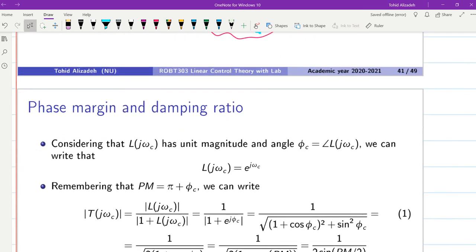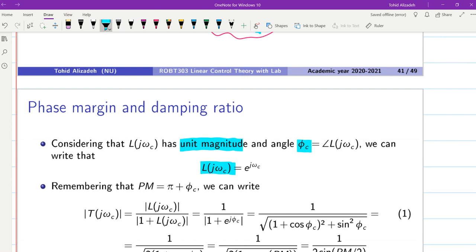Alright. Now, considering that L of j omega c has unit magnitude indeed, and the phase phi c is equal to the phase of L of j omega at omega equal to omega c, we can write it in this form.